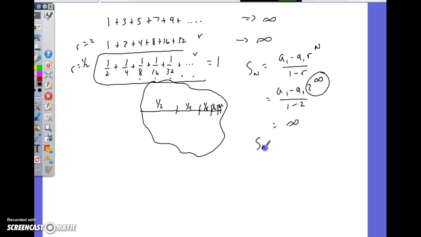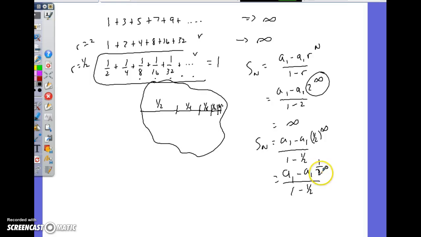But when I take a sum and I use a half instead, something bizarre happens. If I rewrite this as a1 minus a1 times 1 over 2 to the infinity, well, we know what that does.